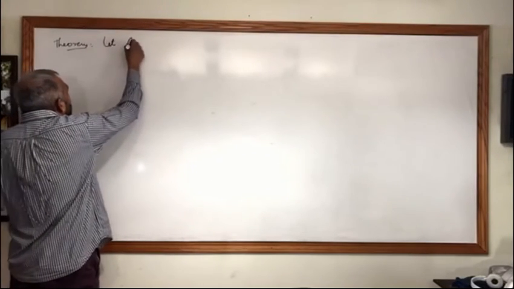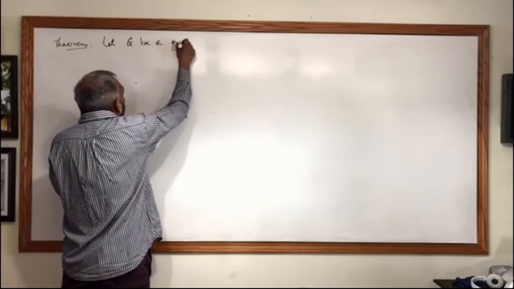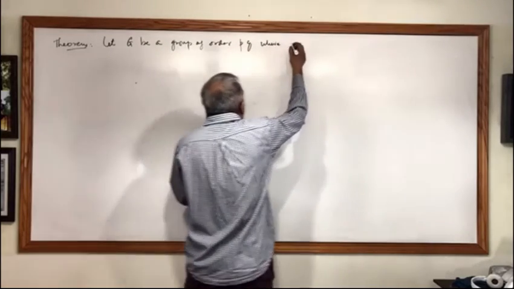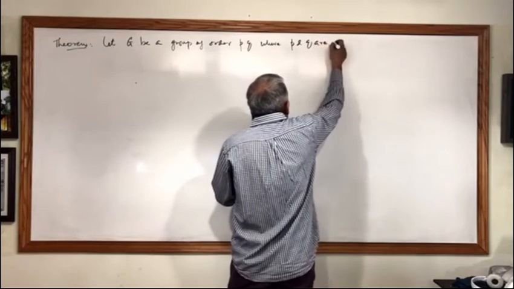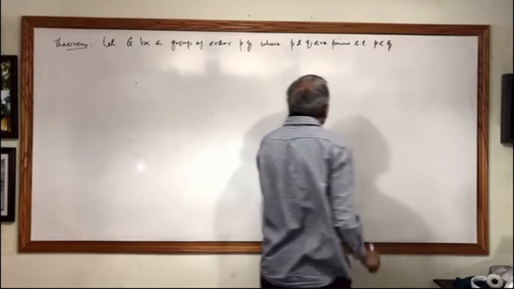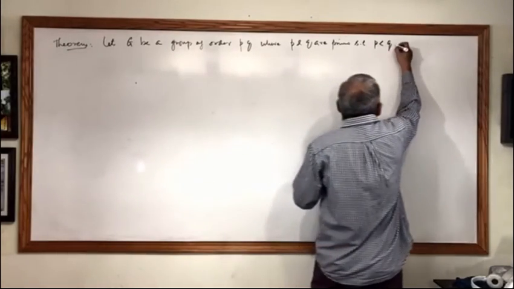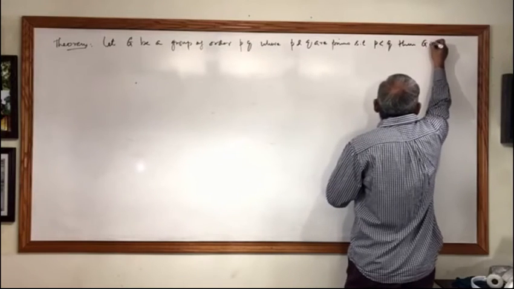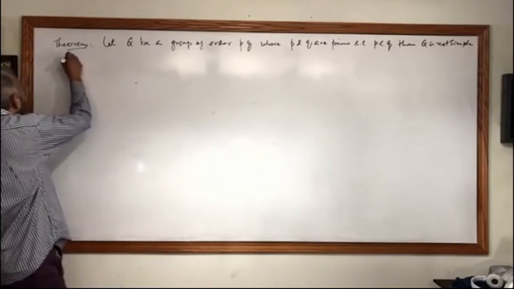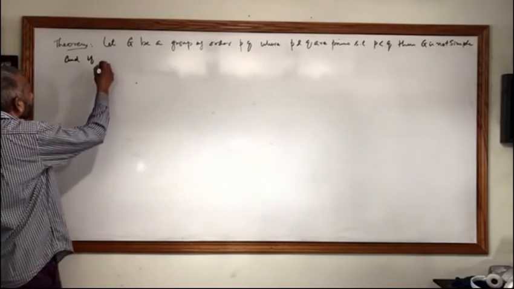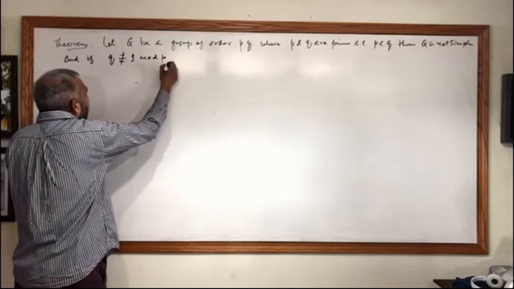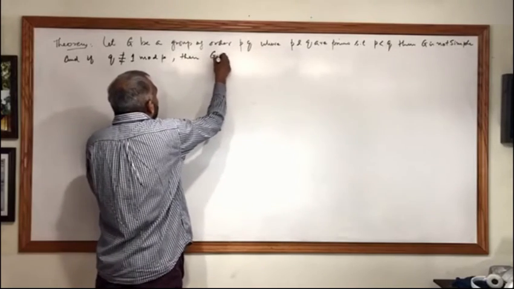Let G be a group of order PQ, where P and Q are primes such that P is less than Q. Then G is not simple, and if Q is not congruent to 1 mod P, then G is cyclic.